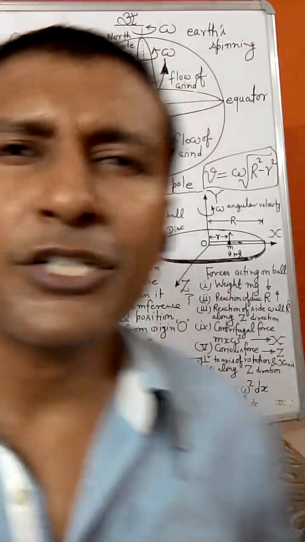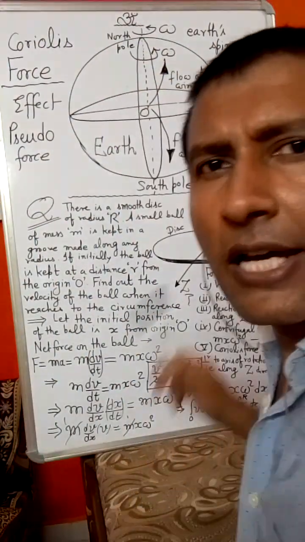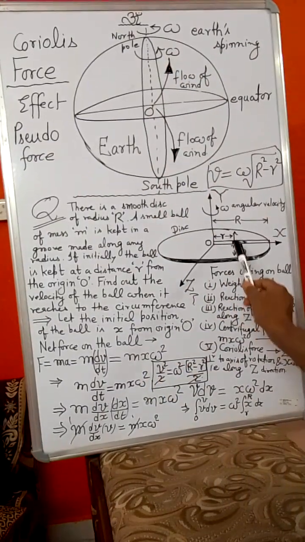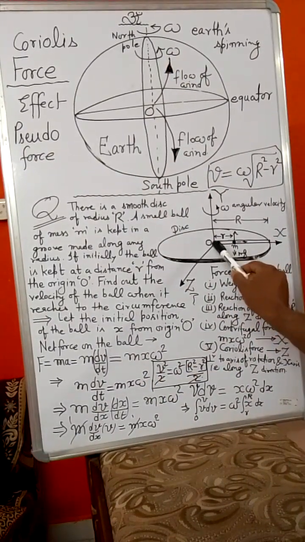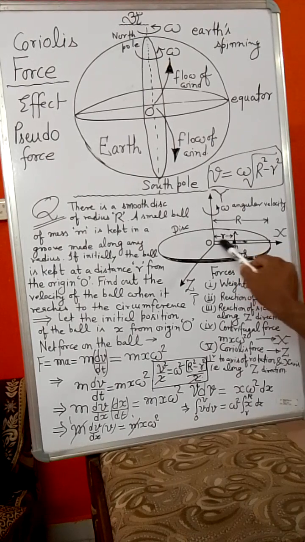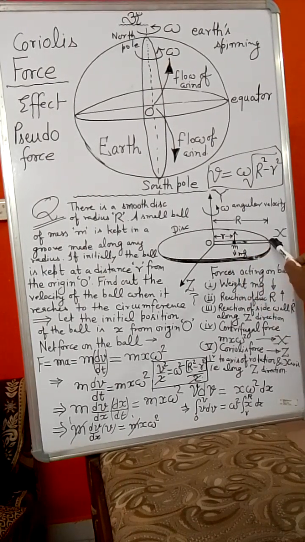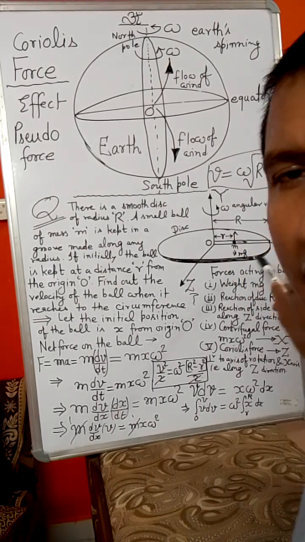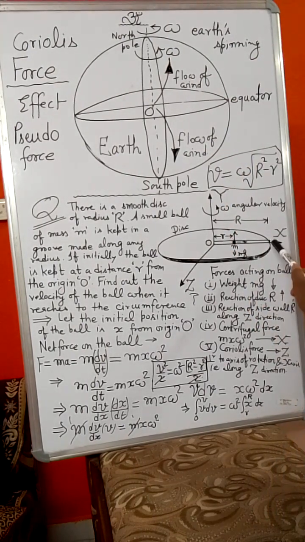I hope you have understood how we calculated the velocity of this particular ball, which is passing through this groove and reaches the circumference of this uniform circular disc.